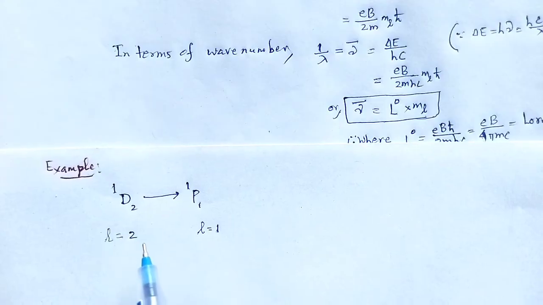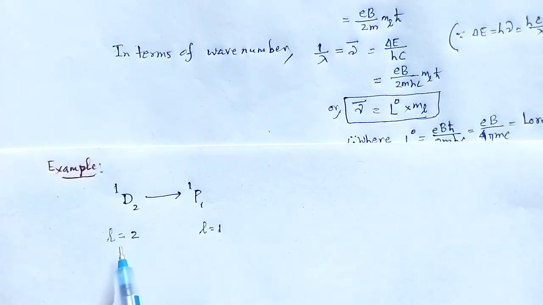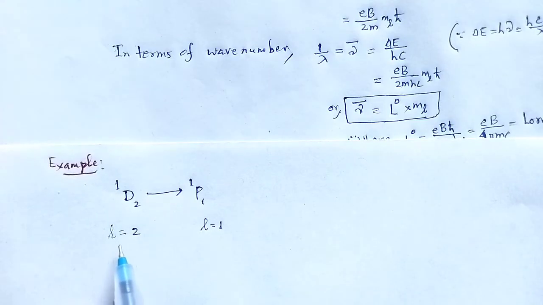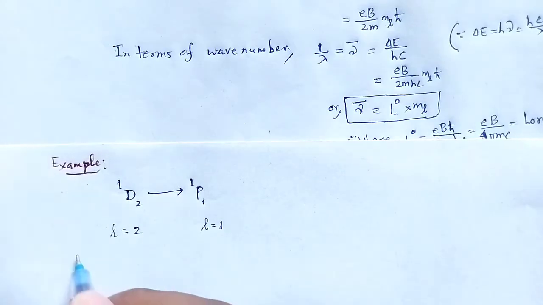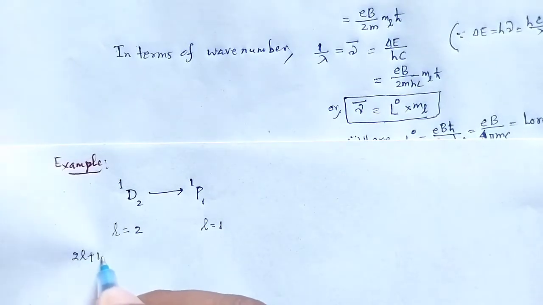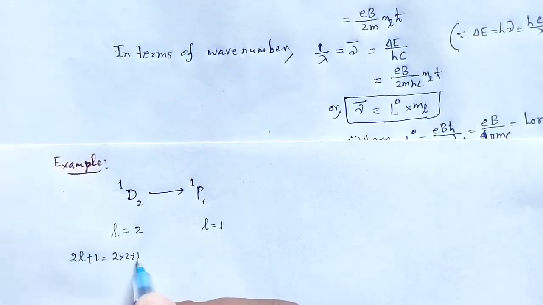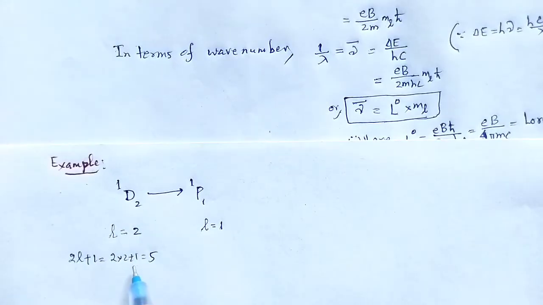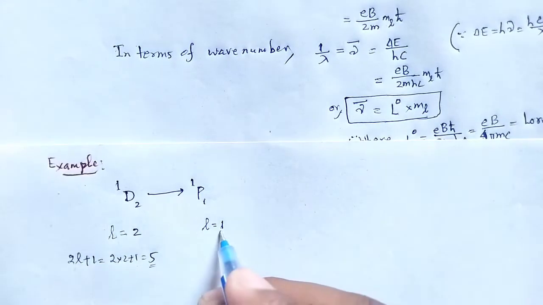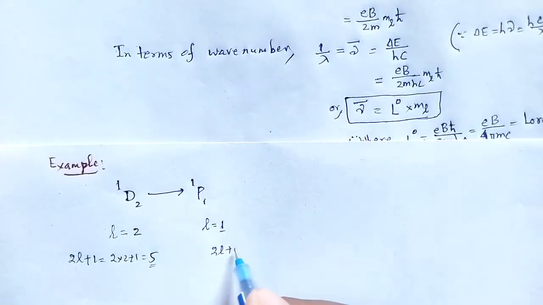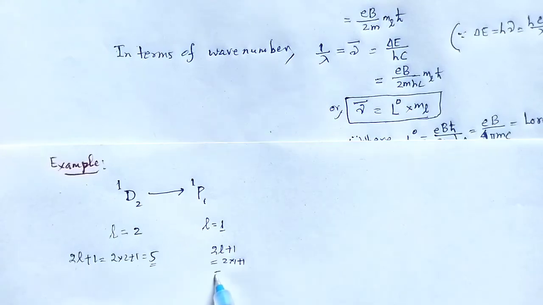The level splits into the allowed values 2L plus 1, that is 2 into 2 plus 1, which means 5 levels, and here 2 into 1 plus 1, that is 3.